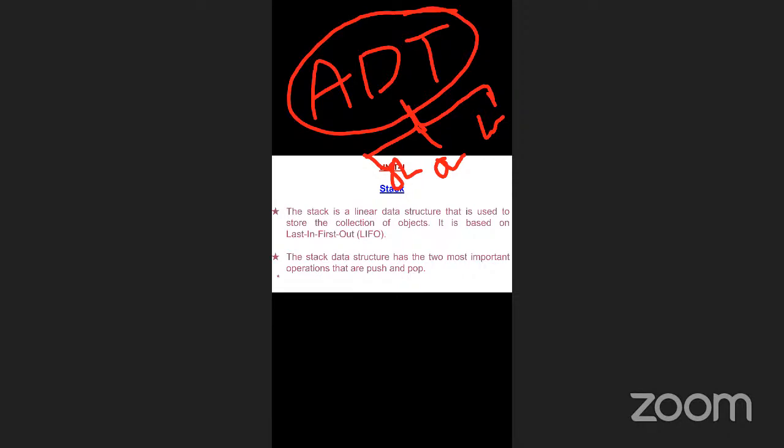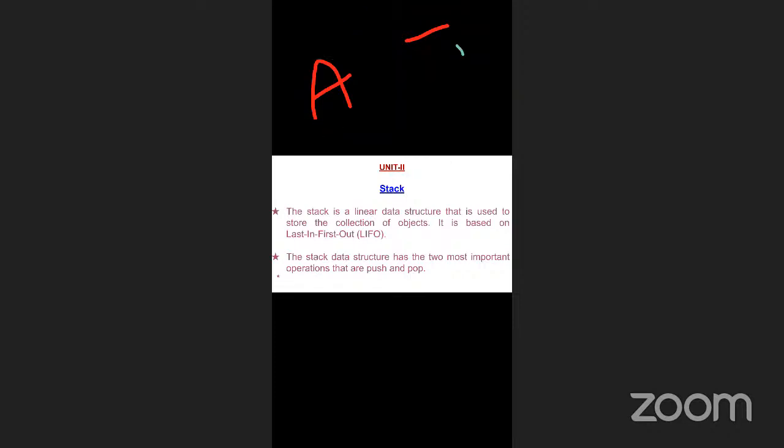So what is the meaning of stack? Stack is a linear data structure. It is used to store a collection of objects. It is based on last in, first out.